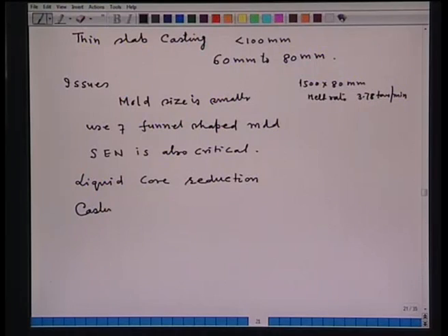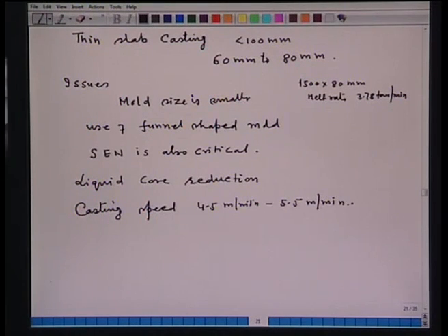So, this can allow further reduction in slab thickness from 80 to 90 millimeter to 65 to 70 millimeter. So, these are all the technologies which are being developed, and the casting speed varies from 4.5 meter per minute to as high as 5.5 meter per minute.